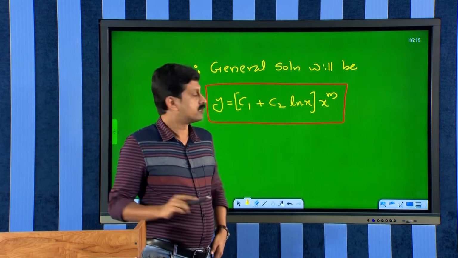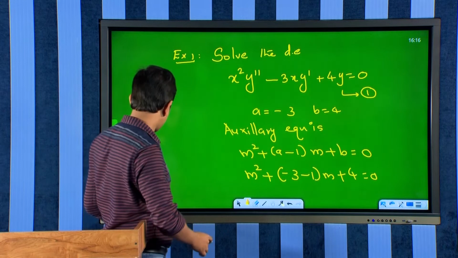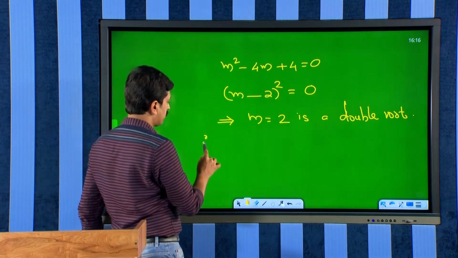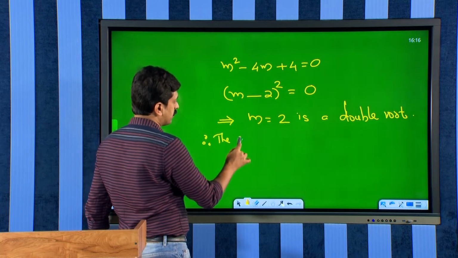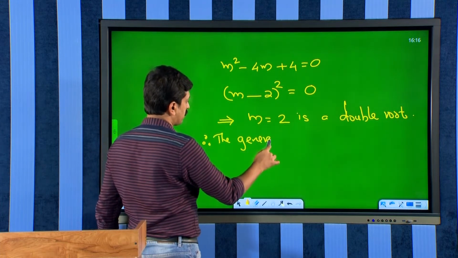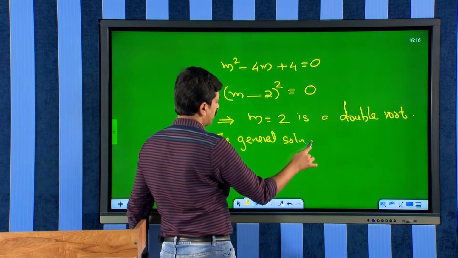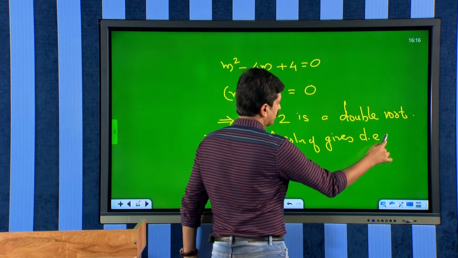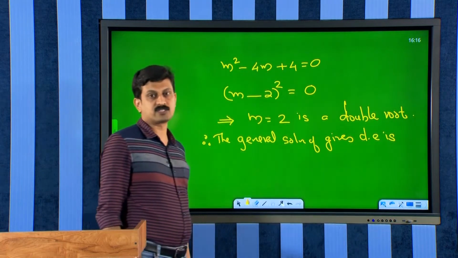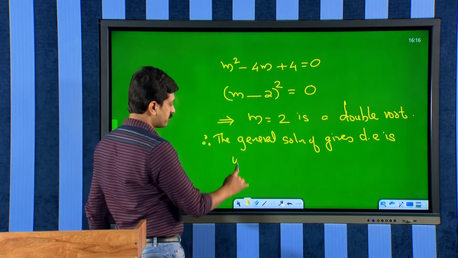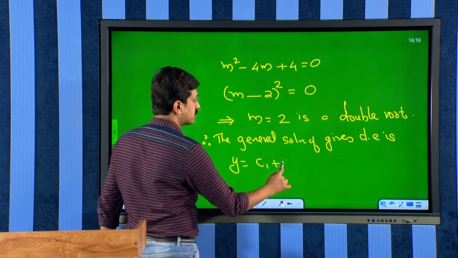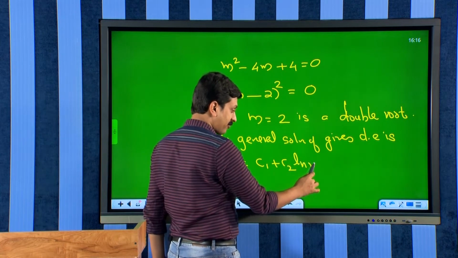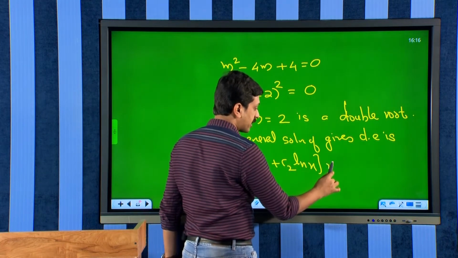Therefore, the general solution of the given differential equation is y is equal to (c1 plus c2 log x) into x raised to m.